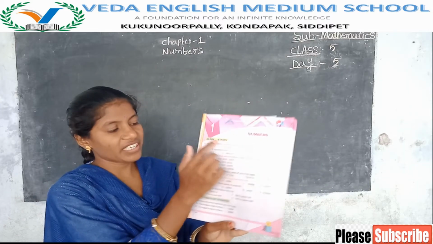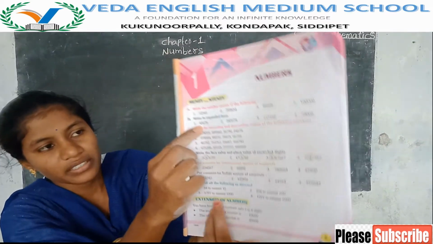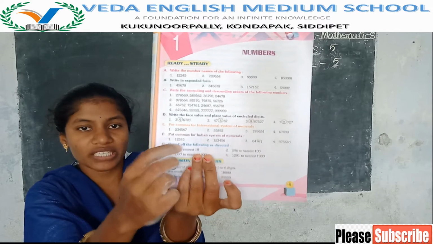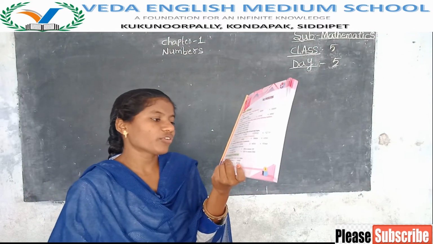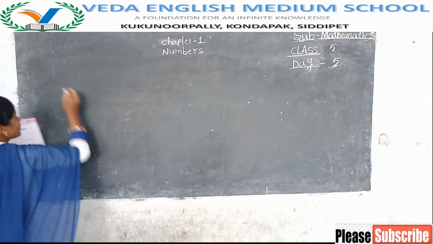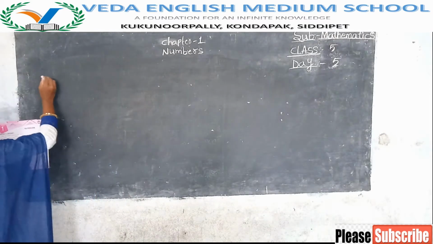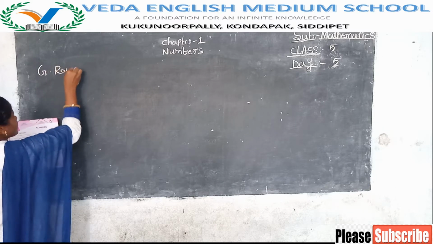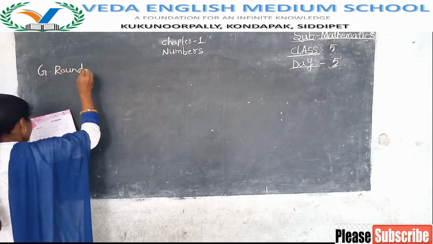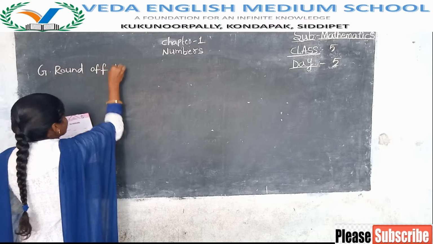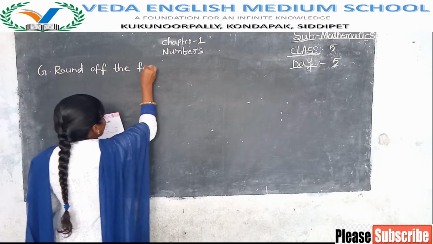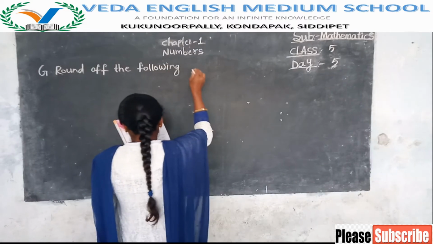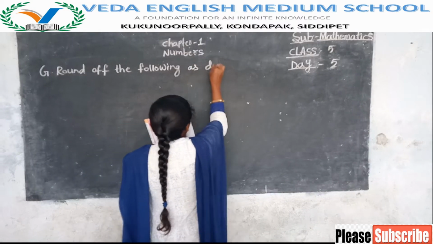In the first chapter, we have completed A bit, B bit, C, D, E, F up to F bits. Now, G bit: round off the following as directed.